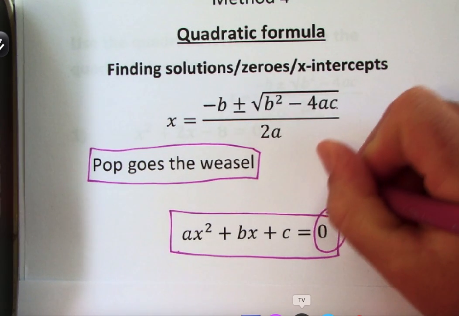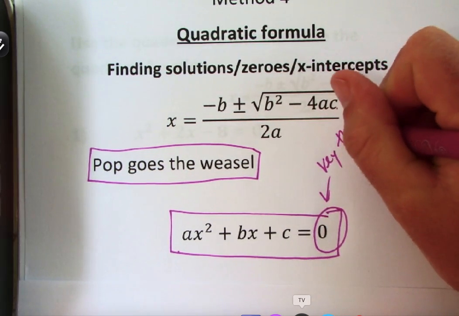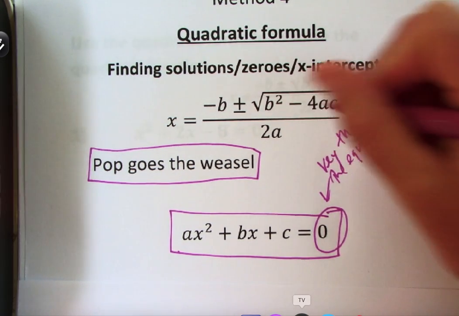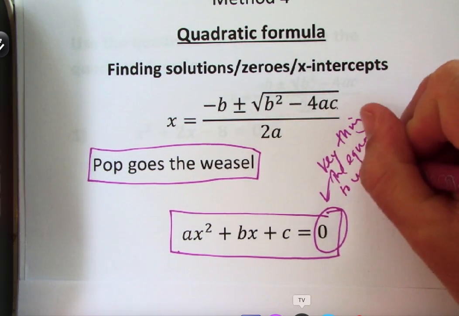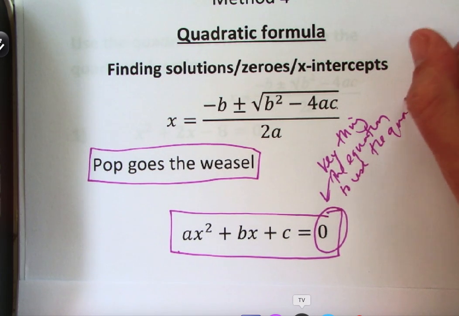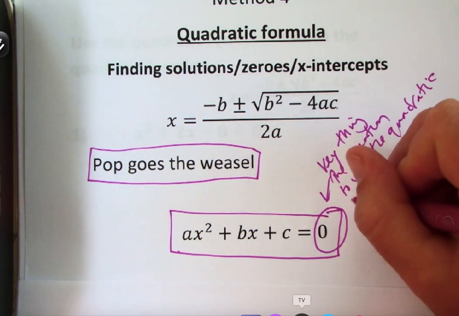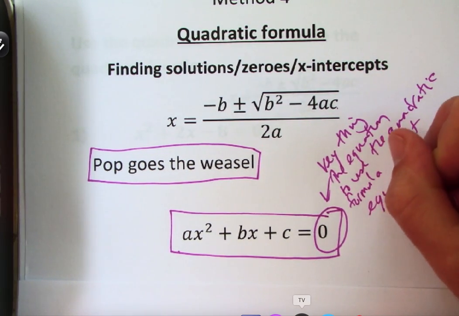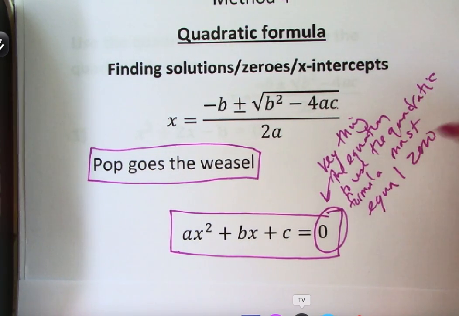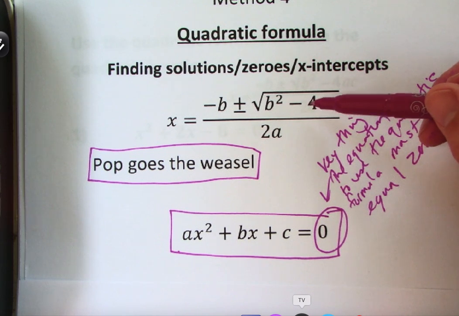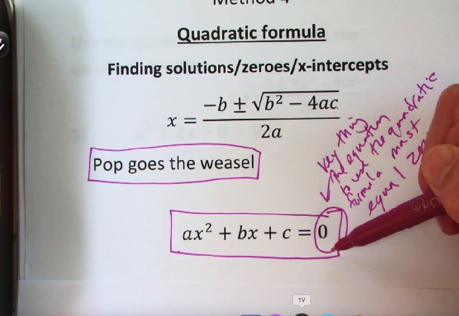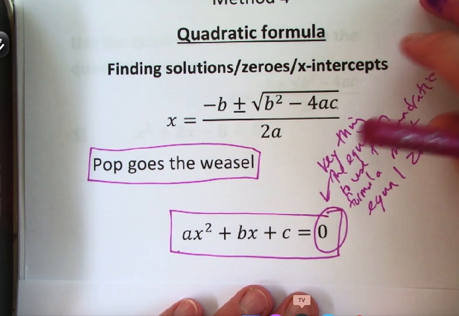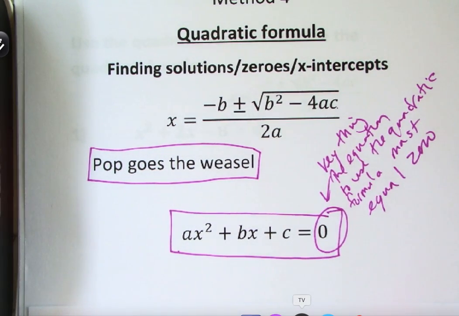The one big key: to use the quadratic formula, the equation must equal 0. Just like when we were trying to factor several weeks ago. And then you don't need any of the other methods.